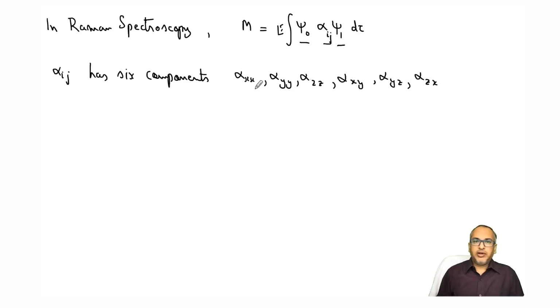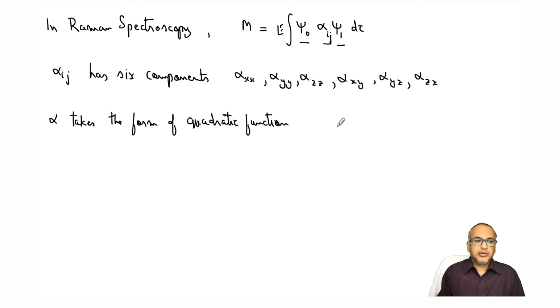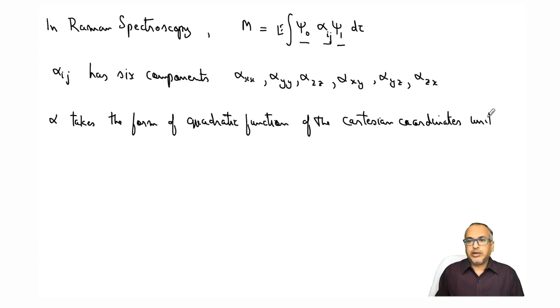Now, what is the symmetry of alpha? Symmetry of alpha is basically the direct product of x and y and z, right? So, I mean x, y, y, z, any of these direct products. So alpha takes the form of quadratic functions of the Cartesian coordinates, unit vectors, right?